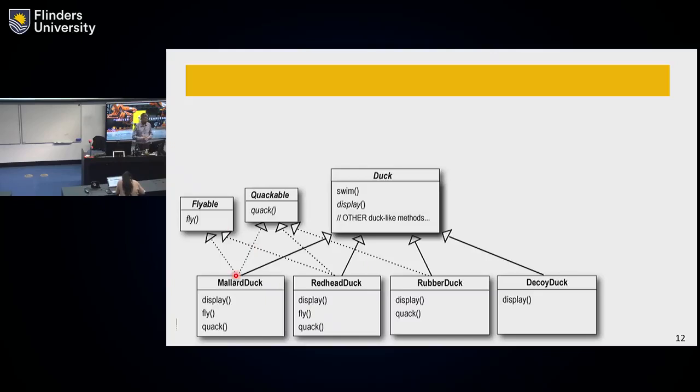But the challenge is, fly behavior can be of different types. Some may fly going straight and then coming down like a triangle. Some may go zigzag. It's quite possible in simulation. But at the first stage, we identified that we have to pull out those features and identify the quack behavior interface. So this is the first step.